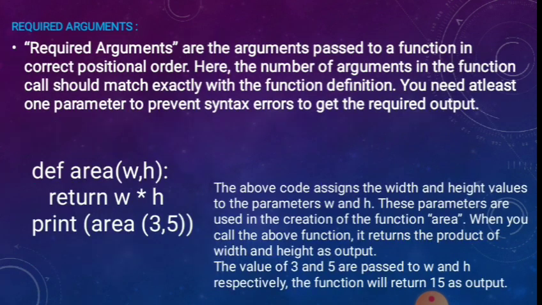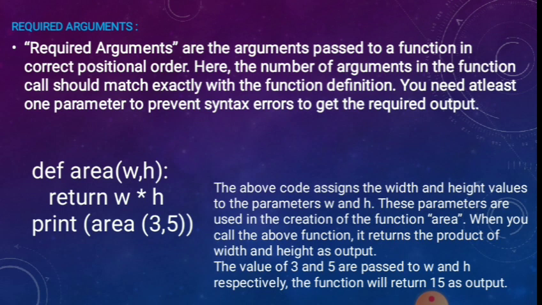First, required argument. What is a required argument? The minimal, or else the needed, arguments should be passed to the particular function. See the definition: required arguments are the arguments passed to the function in correct positional order. This is very important. The way we defined it in the function definition, the same way we give the input at the place of function calling.